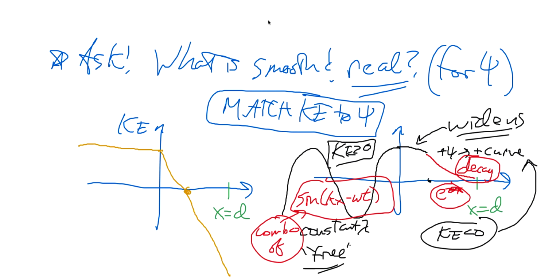Psi of x squared is the probability. So the amplitude of psi is the probability. So here we can interpret this as high probability, this is 0 probability, this is high probability that it hits the wall, but then exponentially decaying probability that it goes through.